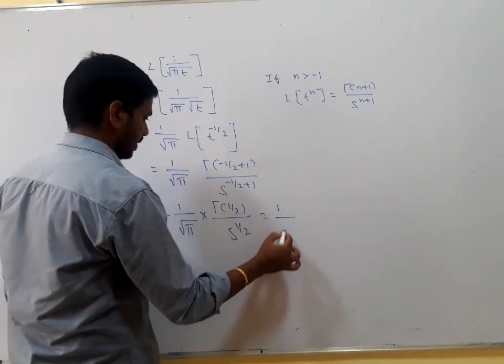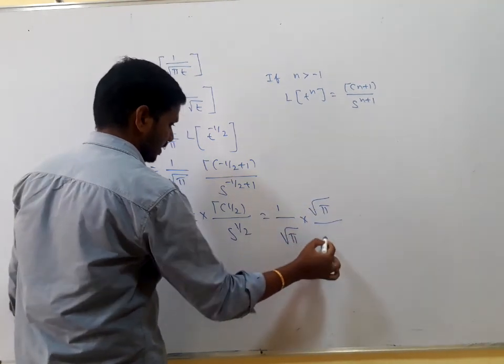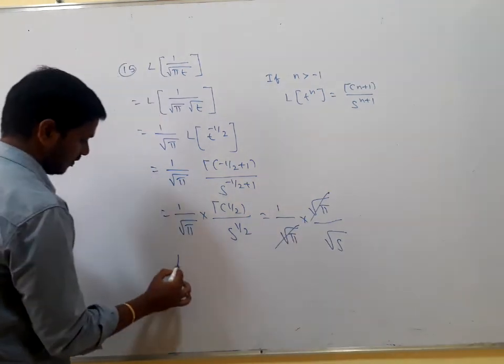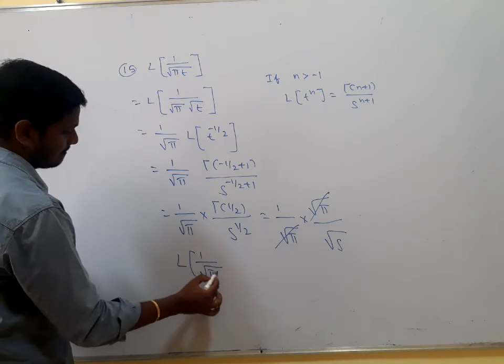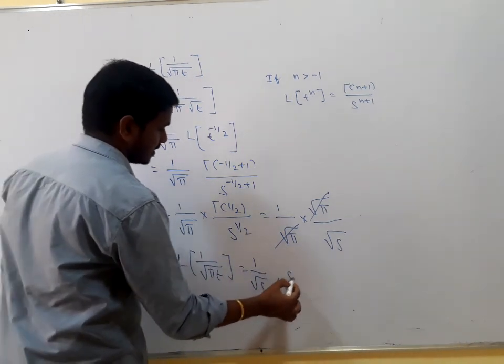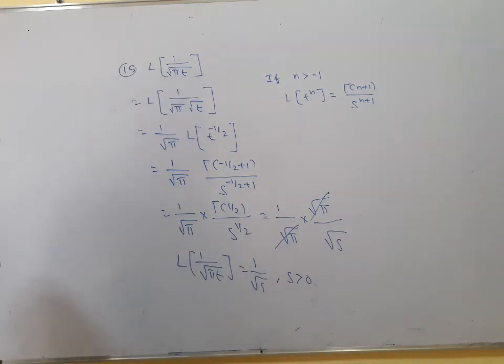You know that gamma of 1 by 2 is root pi. Root pi divided by s to the power of 1 by 2, that is root s. Root pi gets cancelled. Therefore the Laplace transform of 1 by root pi t is equal to 1 by root s, where s is greater than 0. This is the way of evaluating Laplace transformation.